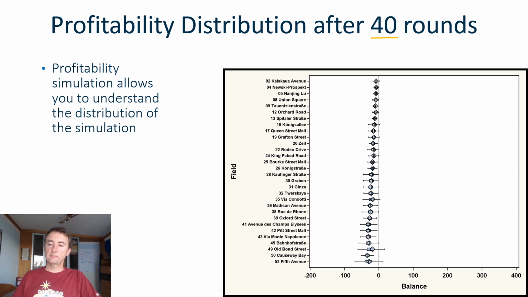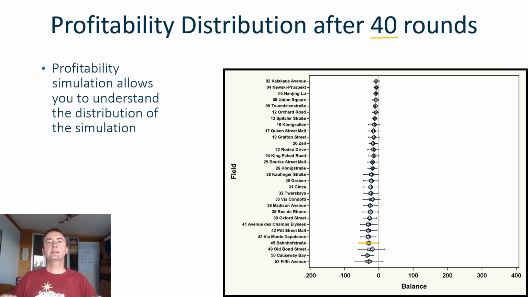There are more expensive properties where you have to pay more money when you buy them. However, you also gain more money when other players visit them, which have a higher variability. But you also find out that on average, after 40 rounds, you're very often still in the negative area.